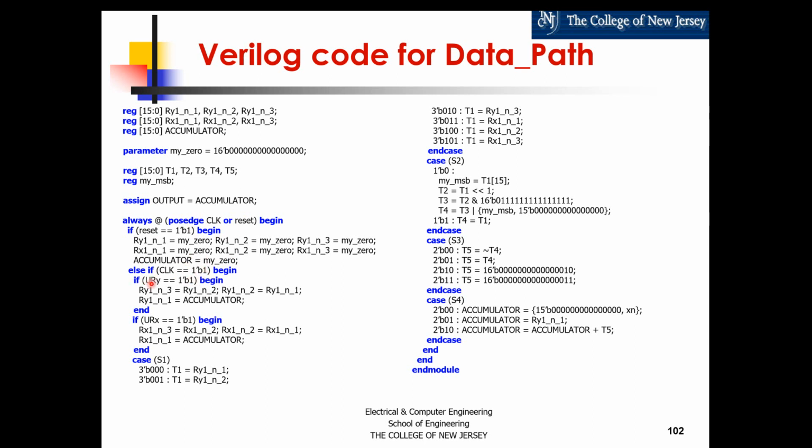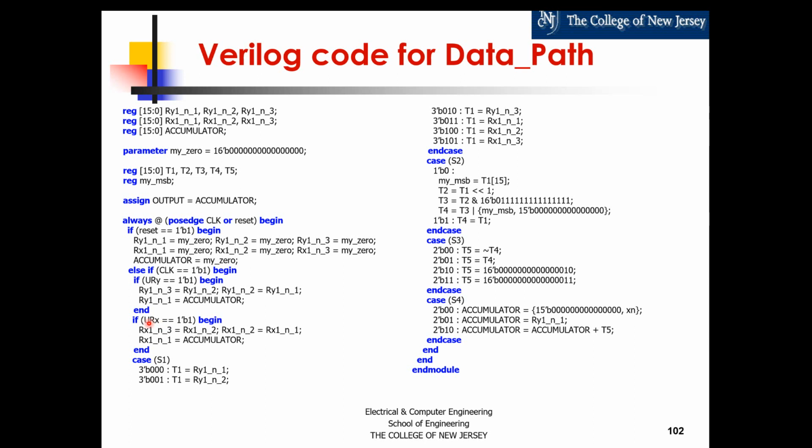So if I'm going to update the Y registers, meaning that that signal is 1, then I'm doing the shifting right here. N-3 gets N-2, N-2 gets N-1, and N-1 gets the accumulator. That's the shifting of the Y registers.